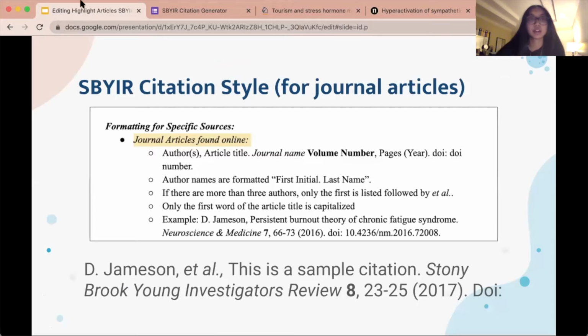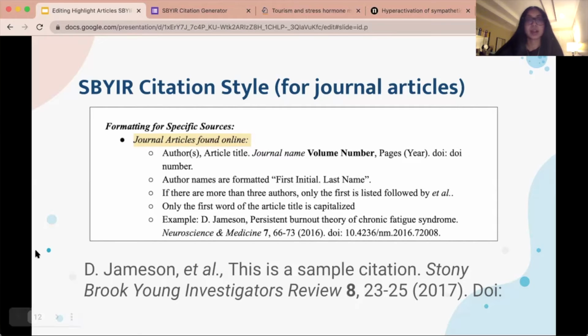If you look at this brief description over here, we start with the author or authors, followed by the article title. Then we have the journal name in italics, followed by the volume number in bold. Then a comma, the page numbers, and the year in parentheses, a period, and then the DOI. And then we put in the DOI number after that.